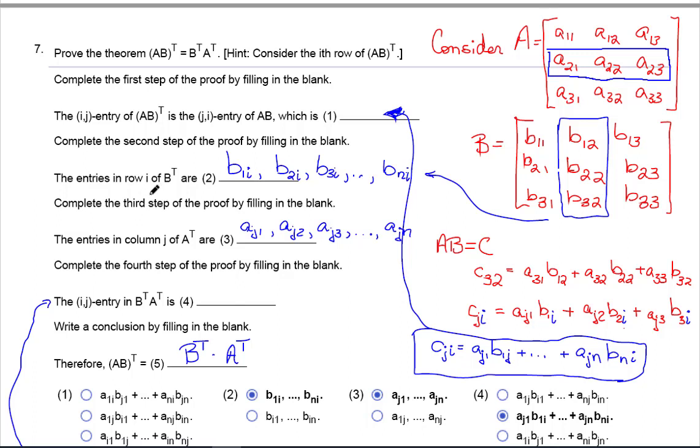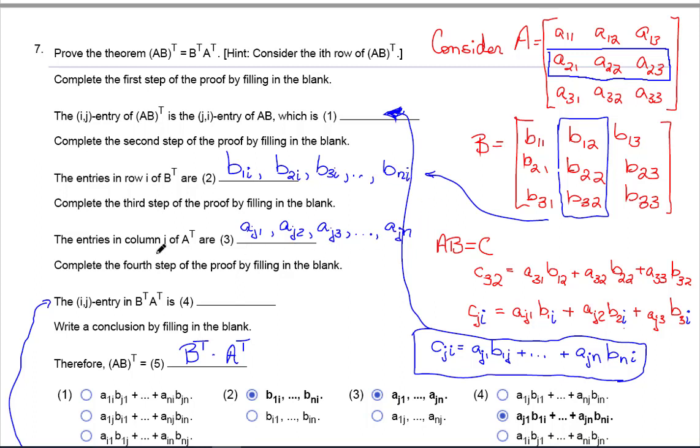What about the ith row of B transpose? Well, let's see. B transpose. Where would the ith row come from? The ith row would have come from the ith column in original matrix B. And the ith column looks like B1i, B2i, B3i, all the way to Bni.